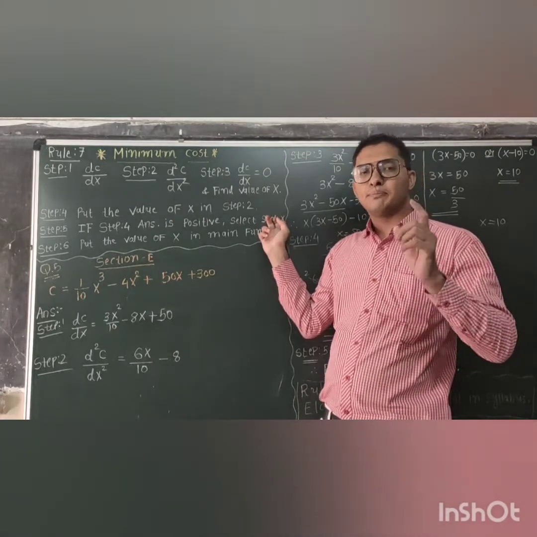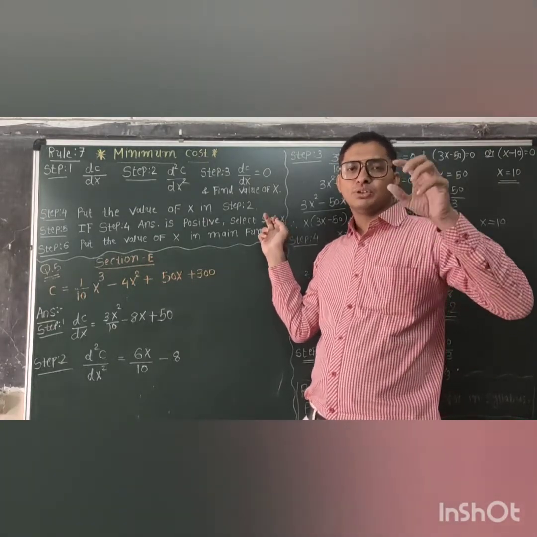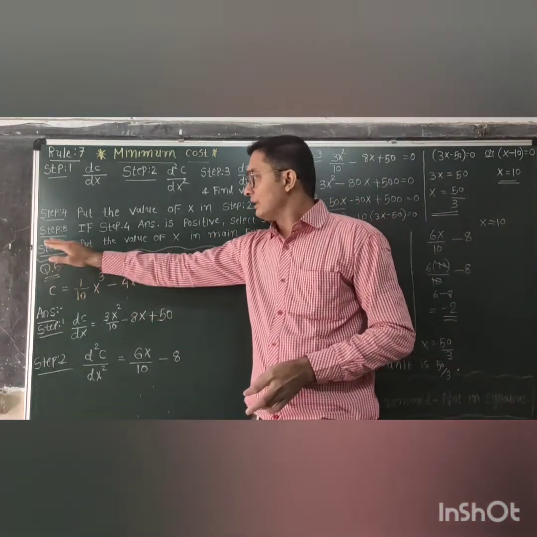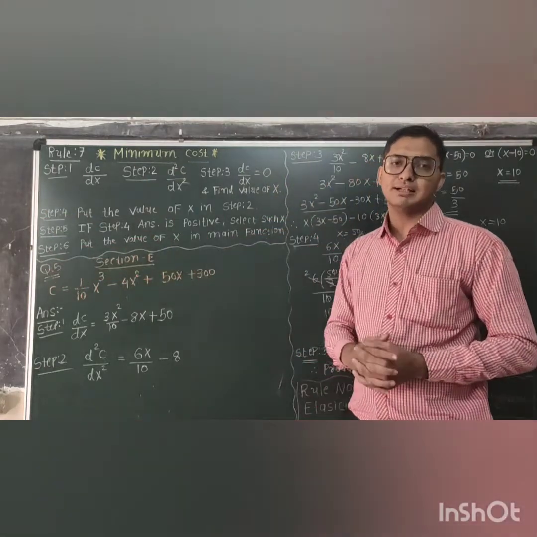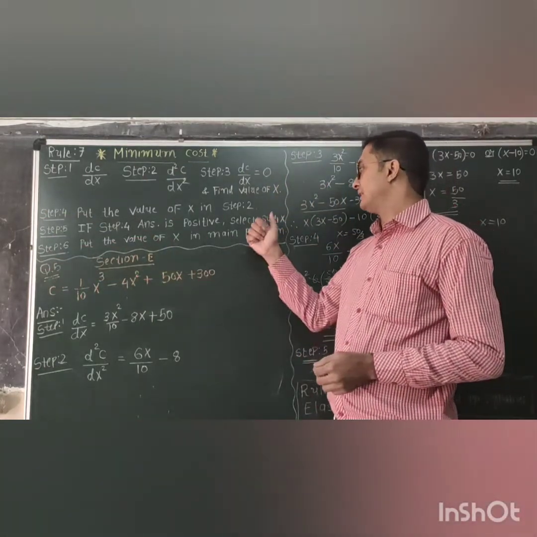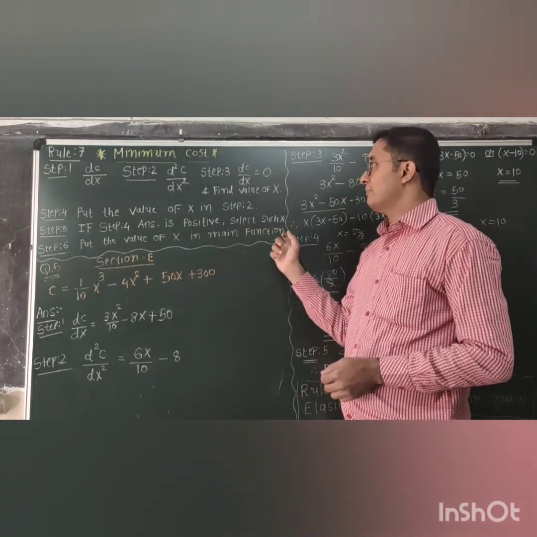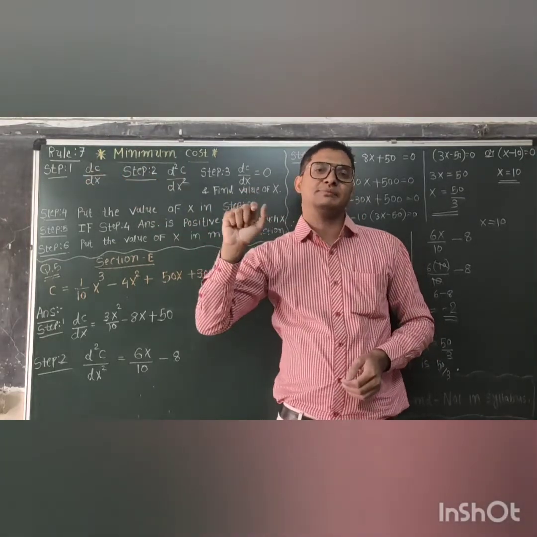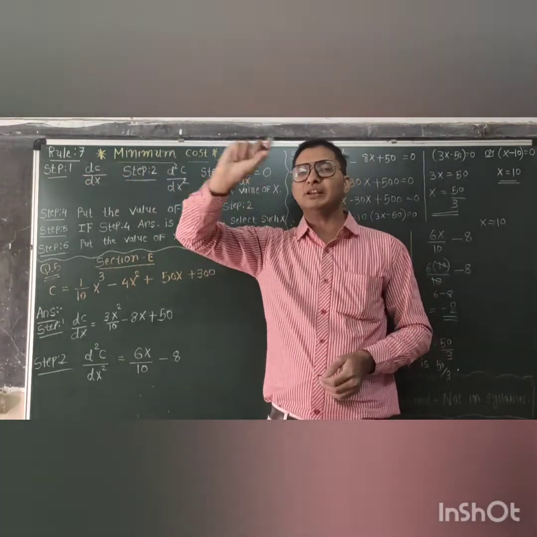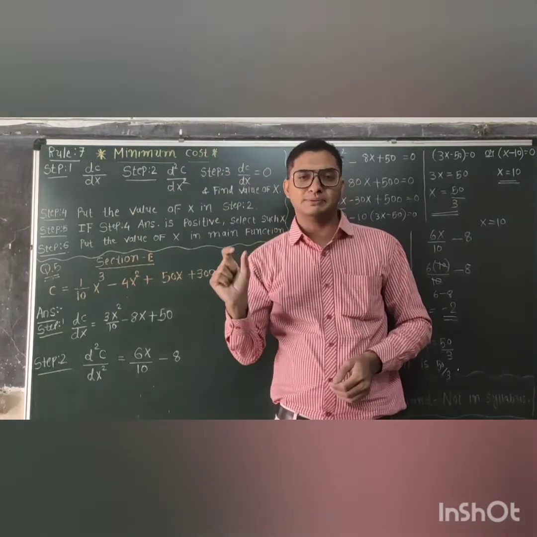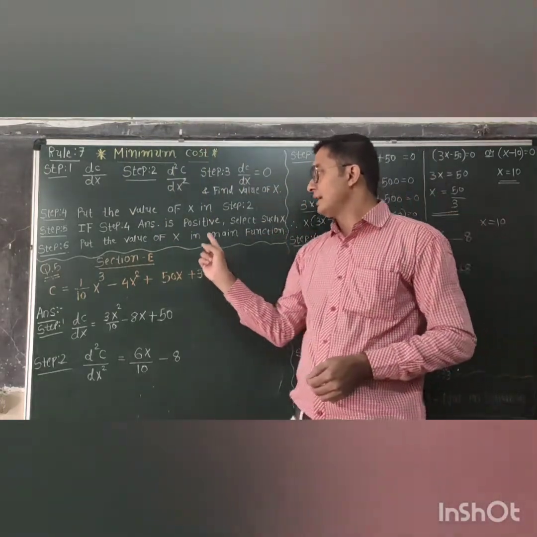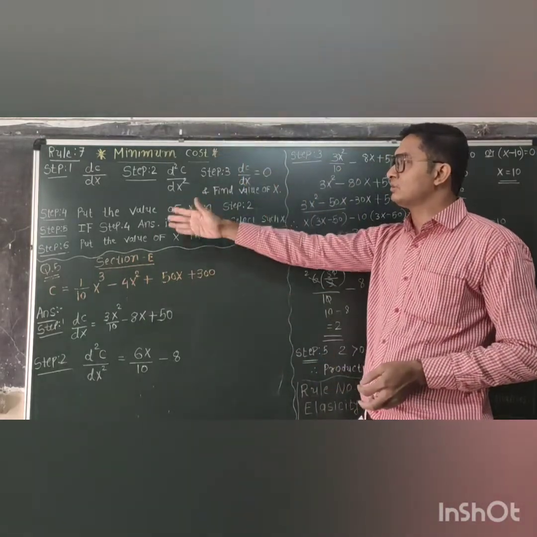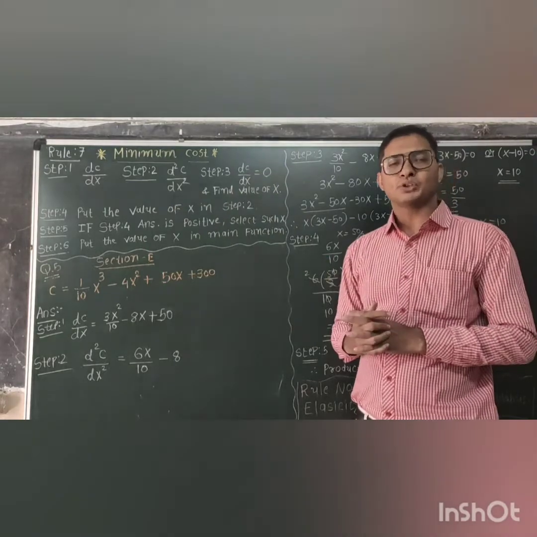But if they are asking for the total minimum cost, then we have to do step number 6: put the value of this x in the main function. The main function is the function equation of c given in the question before step number 1, and there we have to write the value of x. So these are step 1 to step 6 for minimum cost.